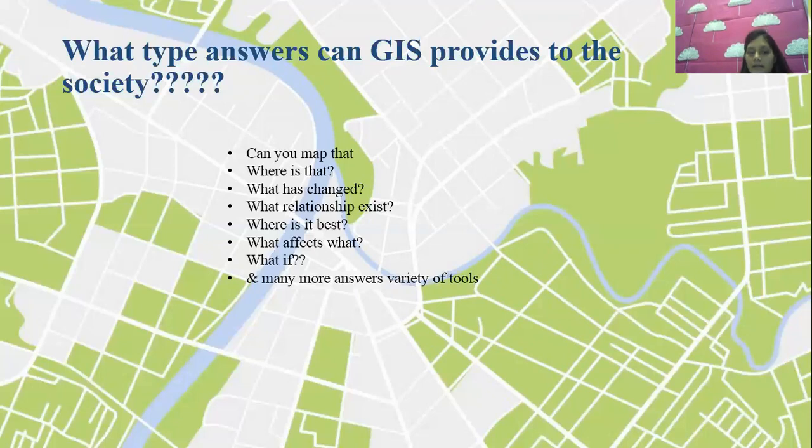Where is it best? If I want to find out, for example, a suitable site selection for solid waste management, because right now solid waste is the major question coming up. Waste disposal site, where is it best? Yes, this answer can be given by GIS. If I have a space, I would have the latitude and longitude of that space, that is the geographic location.